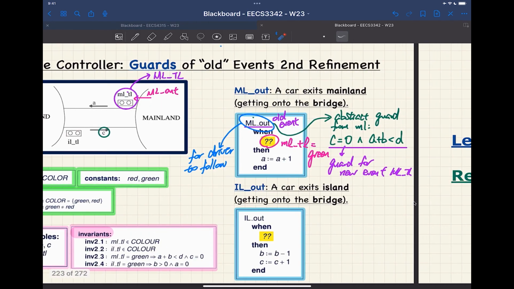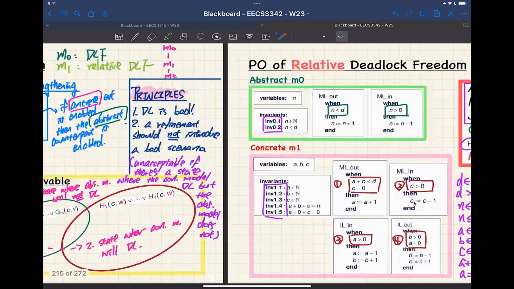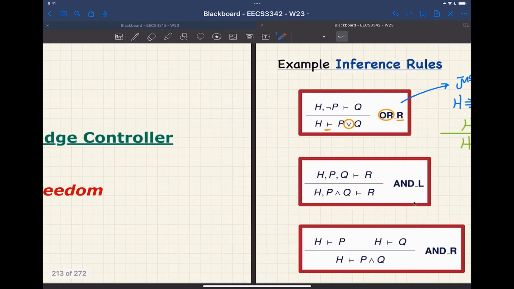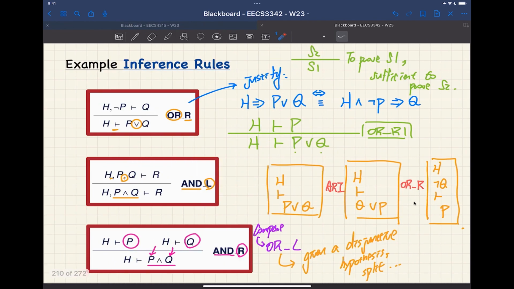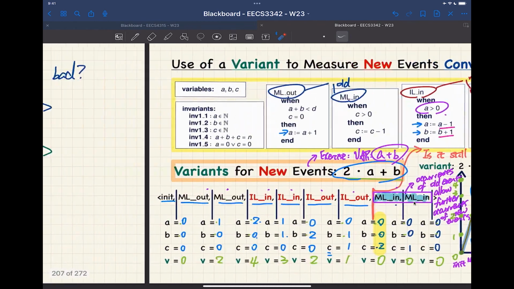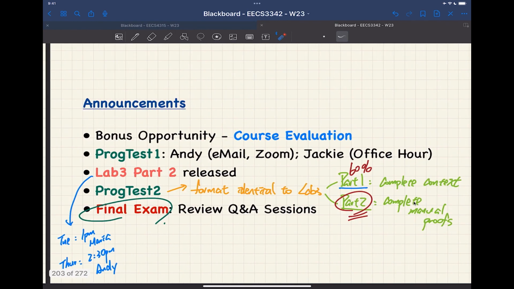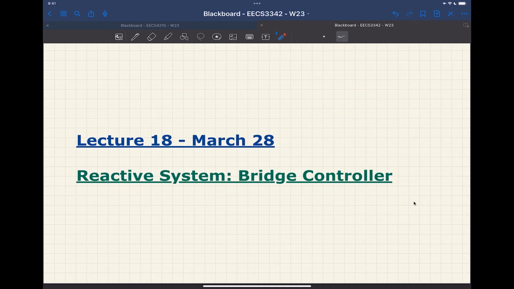Yes, why don't we just go back to the first refinement, which is about M1, and then we can go over the idea about variants. I think that's the lecture from March 28th. Maybe you want to go over some parts of that in the recording.